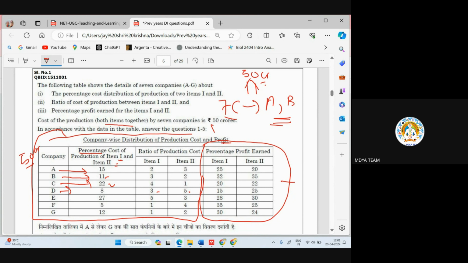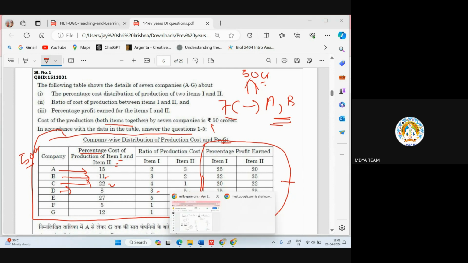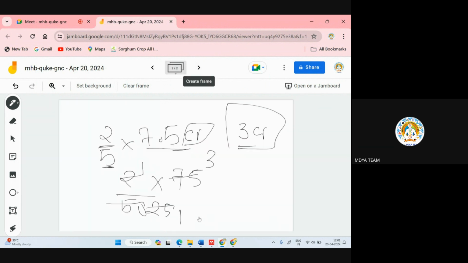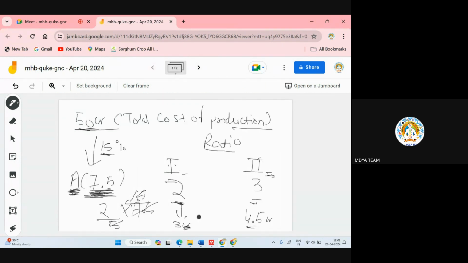They will introduce a ratio within a percentage or a percentage within a ratio, like what they did here. First they added a percentage, then within the percentage they added a ratio. But if you are well versed with the concepts of percentage and ratio, then one by one, step by step, you can decode the whole question.